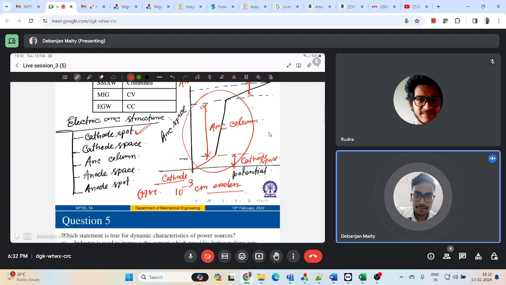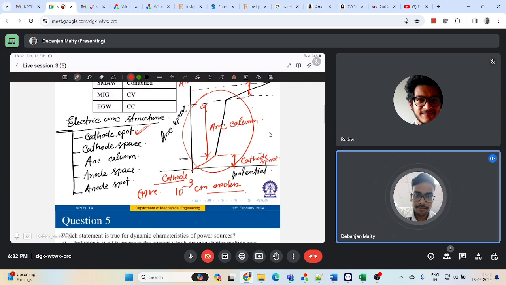And then comes the part of this anode space, where again this is a gaseous region of a certain thickness, adjacent to your anode surface, where a sharp drop in the voltage takes place. This is because if this is the anode, the electrons have to penetrate the anode surface after overcoming the repulsion of those thermionically emitted electrons from the anode surface.